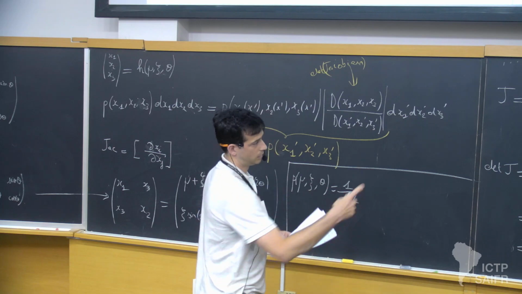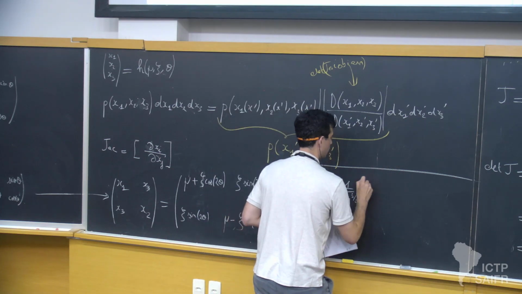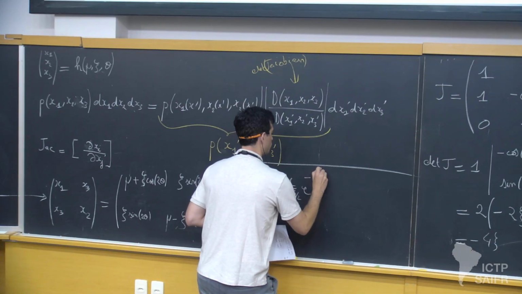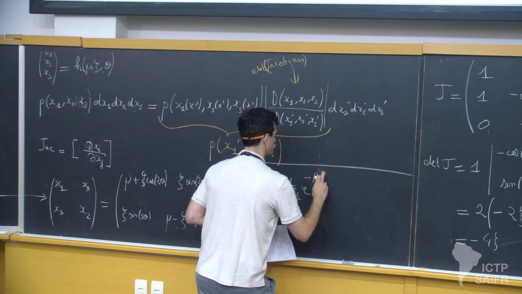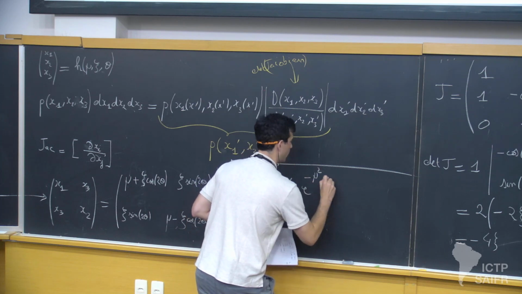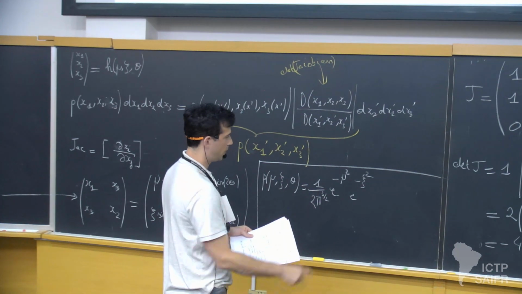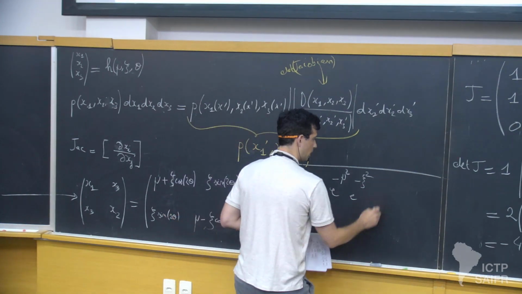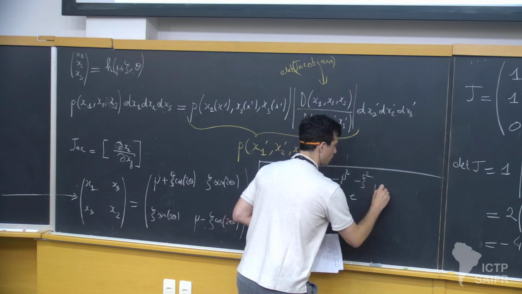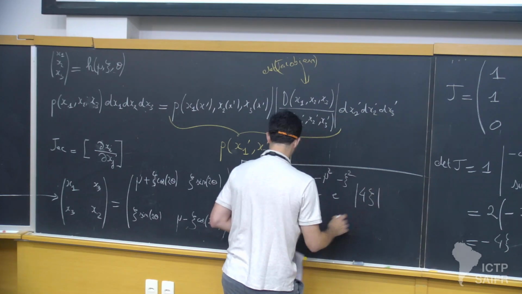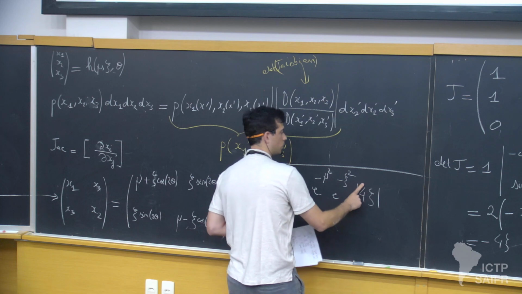Then I have the exponential, which now reads exponential minus mu square, exponential minus psi square. And then I have the absolute value of this determinant, which is 4 psi. And so I'm going to take this 4 out.